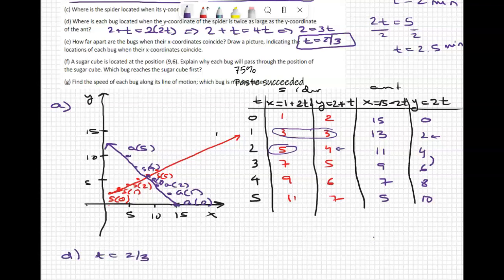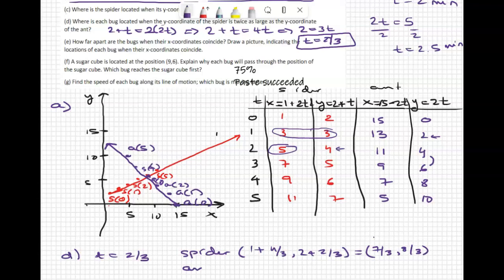Then we can figure out the coordinates of the spider. Alright, the x value is given by 1 plus 2t. So we have 1 plus 4/3. The y coordinate is given by 2 plus t, which is 2 plus 2/3. And just simplifying this, we get 7/3 and 8/3. Okay, so this is where the spider is.